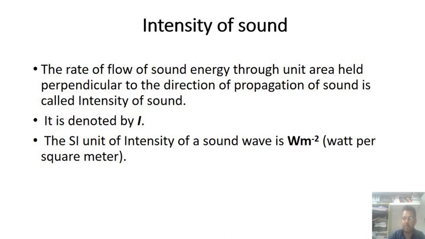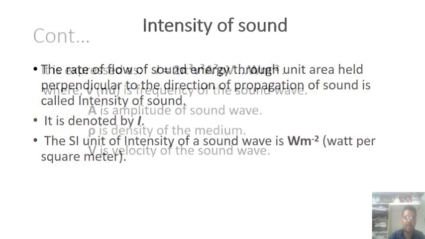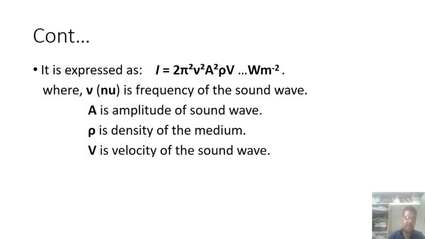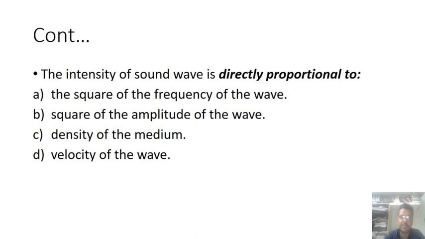So knowing this concept, here we express the equation: I is equal to 2 pi square nu square a square rho v. Here nu is the frequency of the sound wave, a is the amplitude, rho is the density, and v is the velocity of the sound wave.